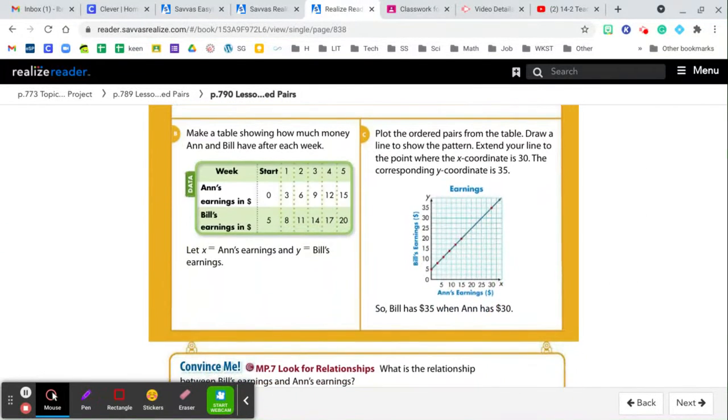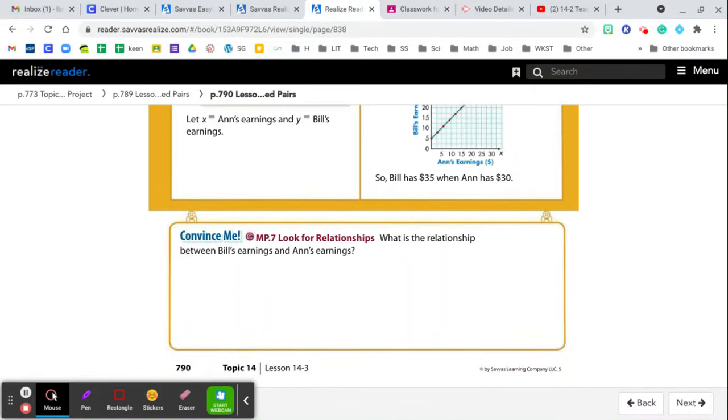So we always know that Bill's always going to have $5 more than Ann if they continue to earn the same amount every week. So when Bill has 35, Ann has 30. Whatever Bill has, you can subtract 5 to get Ann. And what is the relationship? Bill always has $5 more than Ann.